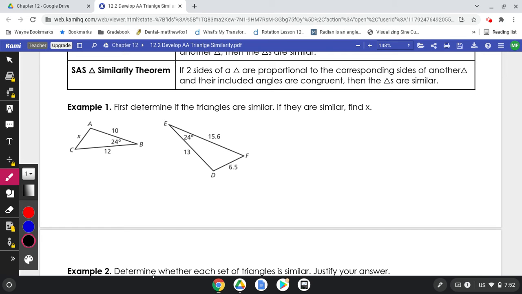A couple ways we can set it up. We could do 15.6 over 13 equals, now 15.6 was longer, so we'd have to use the longer of the two, 12 over 10. That would work. Or you could also do 15.6 over 12 equals 13 over 10.